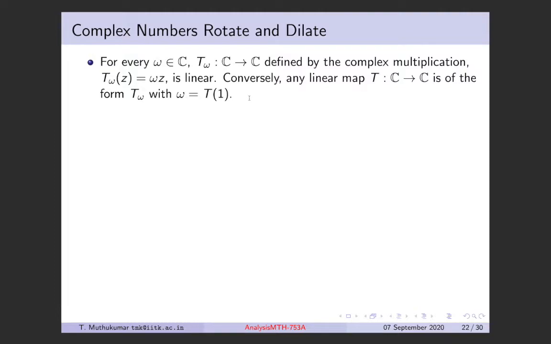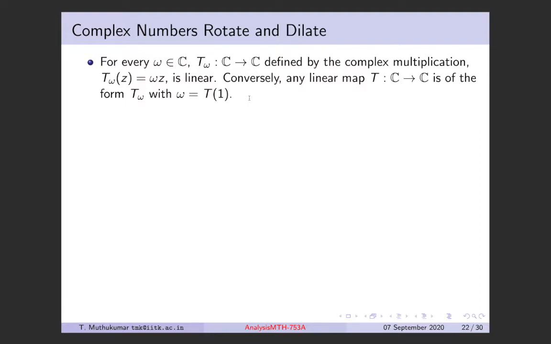So any complex number defines a linear map. Every linear map is actually given as a complex multiple for some complex number. So you again have the same association that every linear map on complex numbers is nothing but the complex multiples, like you had in real numbers.